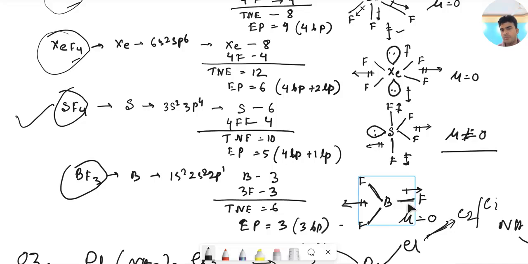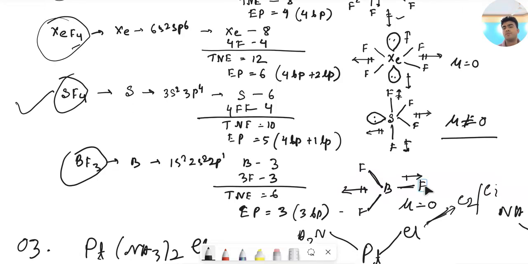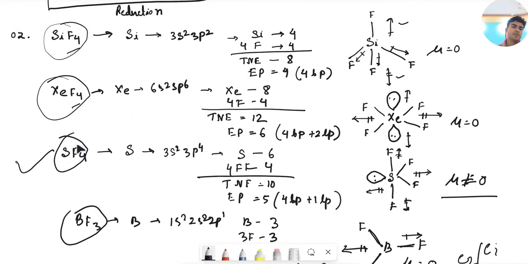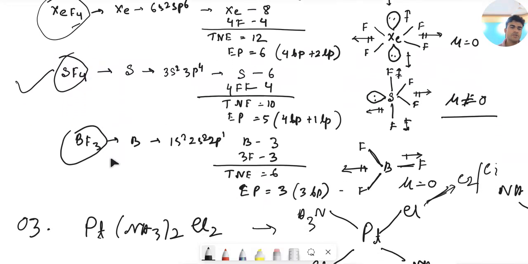One B-F bond dipole moment will be cancelled by the combined dipole moment of the other two B-F bonds, so mu will be 0. So out of these 4 compounds, only SF4 will have a dipole moment.